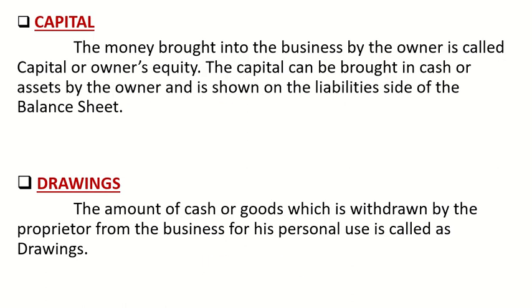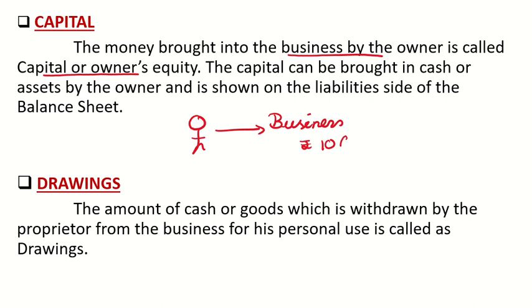Now let's see what is capital. Capital is the money brought into the business by the owner, called capital or owner's equity. Suppose there is a person who wants to start a business. To start that business, he requires, say, rupees 10 crore, so he will invest rupees 10 crore in the business.